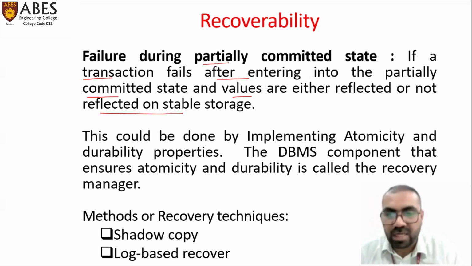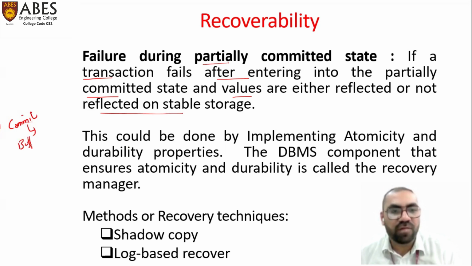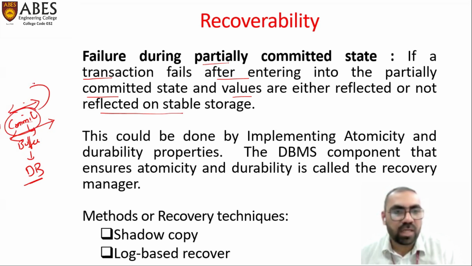We've already seen that after the commit, transactions proceed from the buffer value to the final database state. So if a transaction fails in between, before the commit, then something can be done.